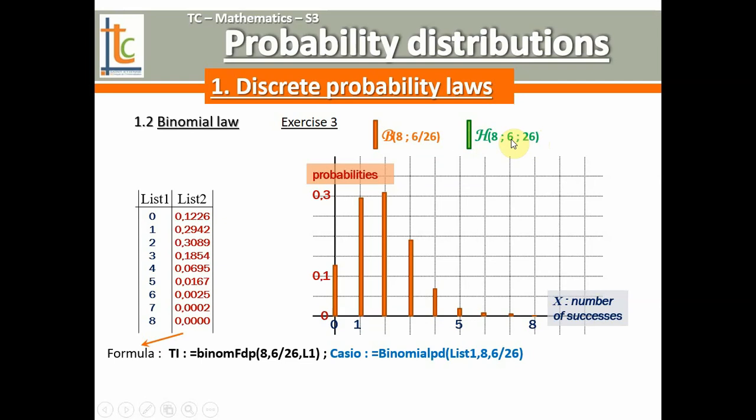The only difference between both laws is that the hypergeometric distribution tells us to take 8 elements from the initial set without repetition. The binomial distribution lets us take 8 elements with a possibility of repetition. And what is the consequence on the values of probabilities?